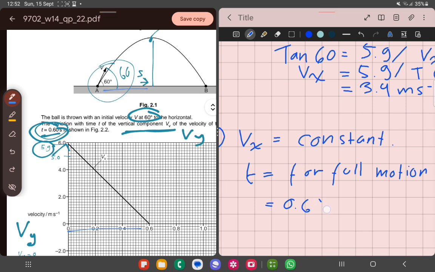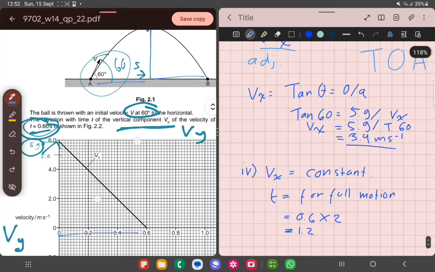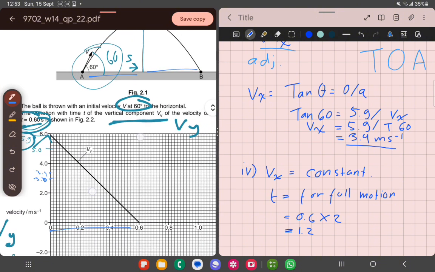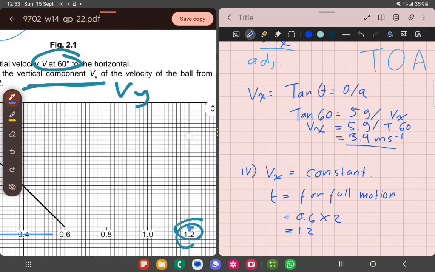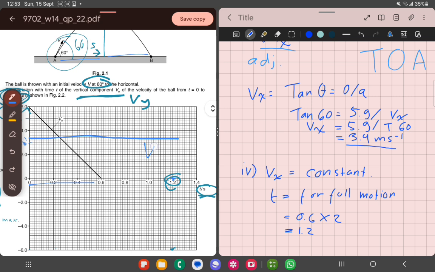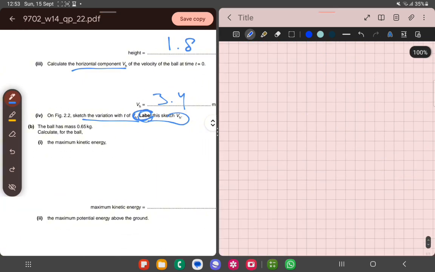So the final coordinates will be 3.4 on the y-axis and 1.2 on the x-axis, and we can draw a straight line like that because it is constant, so it won't change. Also, don't forget to label the graph with the VH label, or you will get your points eliminated.